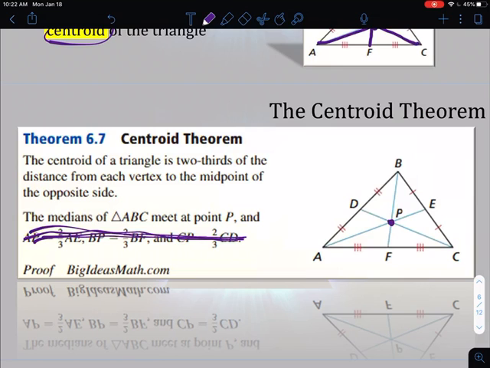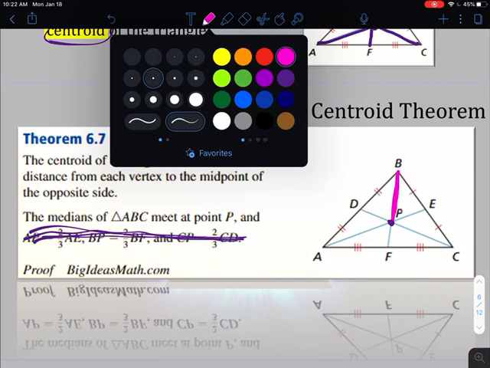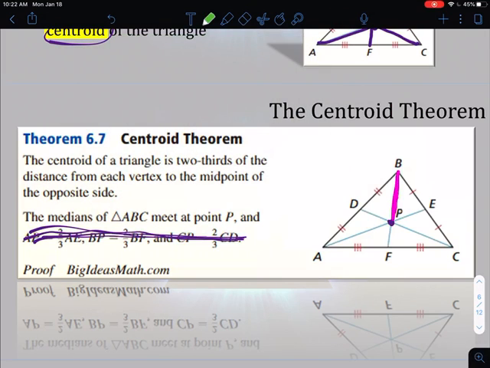So when I'm looking at that median, I got rid of the labels there because I'm going to do something a little bit different here. B to P. So when I go from the corner to the centroid, so B to P in this case, is considered the big part of the median. So I got two parts. There's going to be a big part that I highlighted in pink, and then there's going to be a little part that I'm going to highlight here in green, out to the side. So every median, when it gets cut like this by that centroid, it gets cut into a big and a small piece.